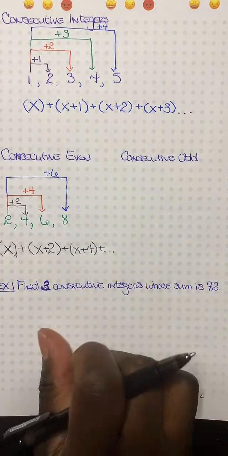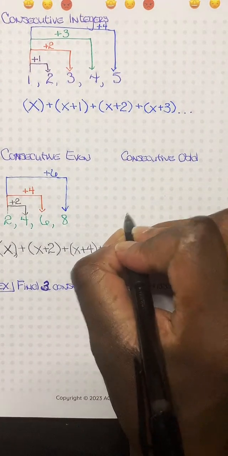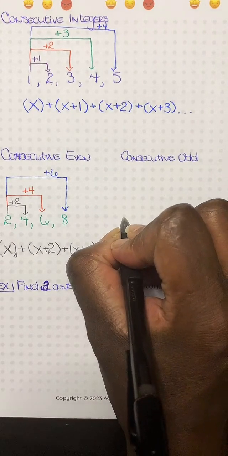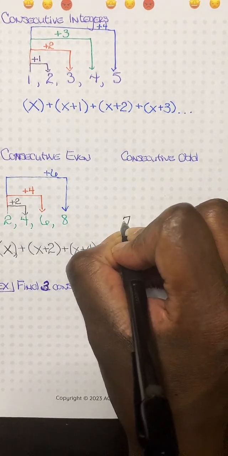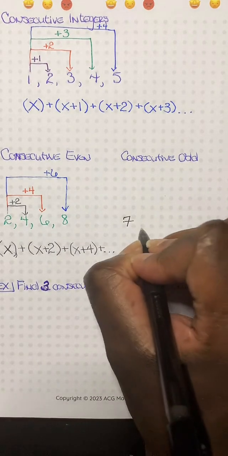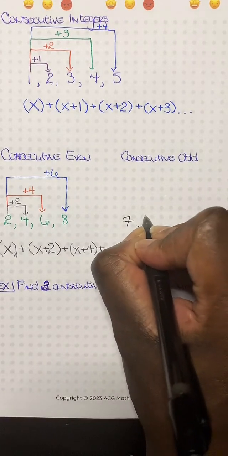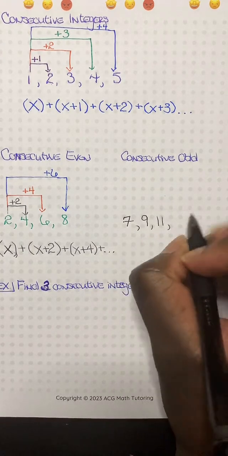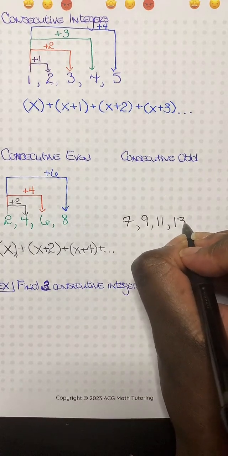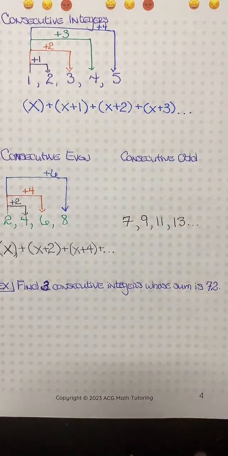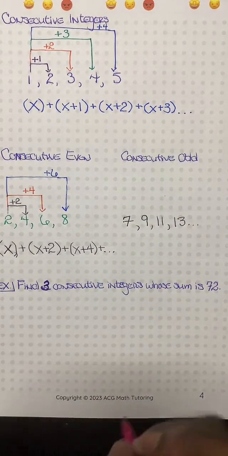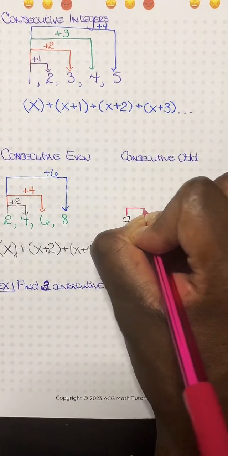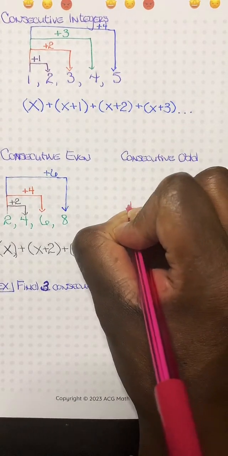All right, consecutive odd numbers. Let's start somewhere that we normally don't start. Let's start at 7. The next number would be 9, the next number will be 11, and then let's stop at 13 because we'll get the idea. To go from 7 to 9, I have to add 2.